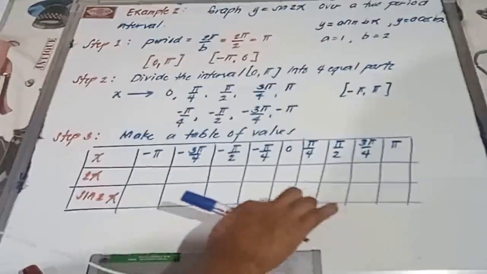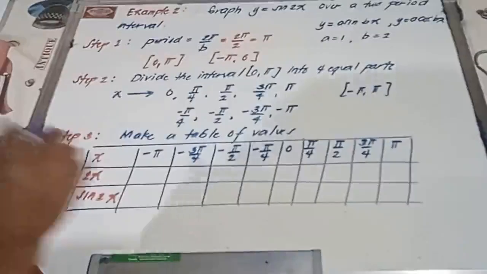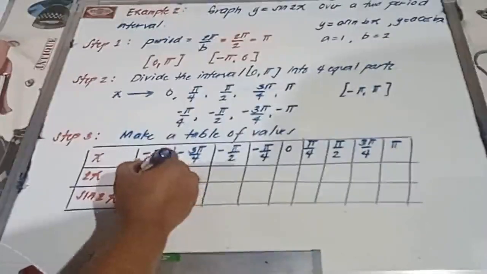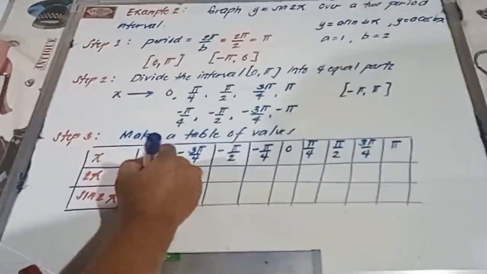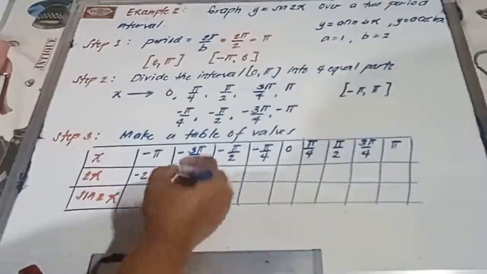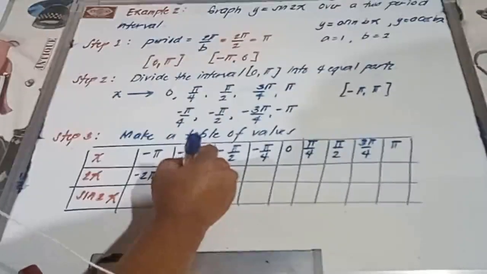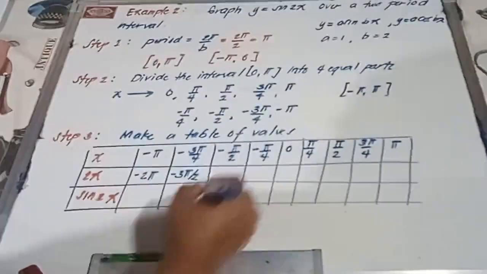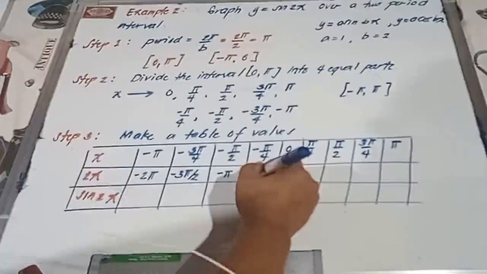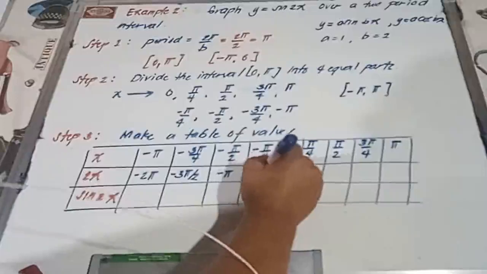Kunin natin yung 2x. Okay? Ang 2x niya will be negative 2 pi. Okay? Ang 2x nito will be negative 3 pi over 2. Ito will be negative pi. Ito ay negative pi over 2.